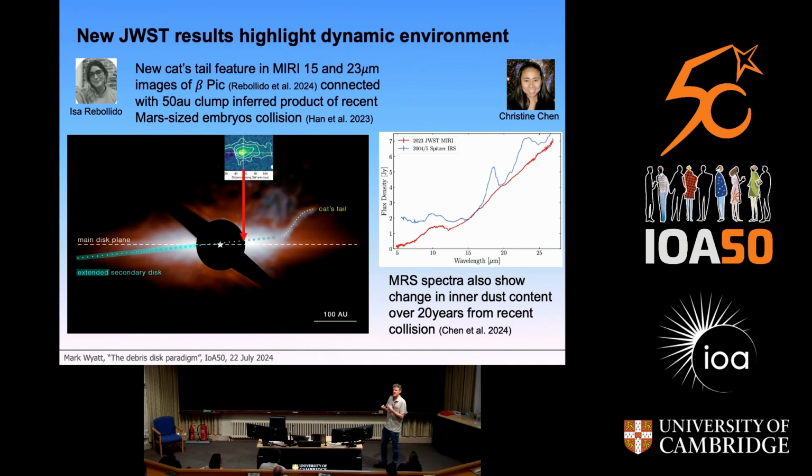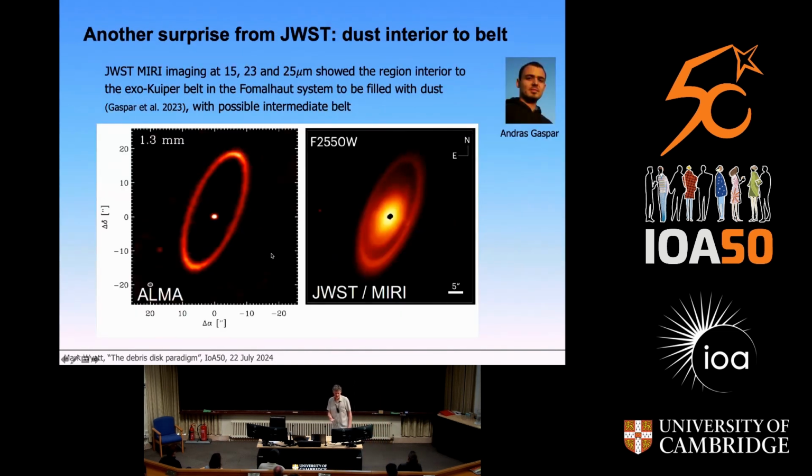And the interpretation is that there was a collision that happened just before the Spitzer observations of micron-sized dust grains that are then getting expelled, presumably creating another cat's tail that's probably still closer in and still forming.